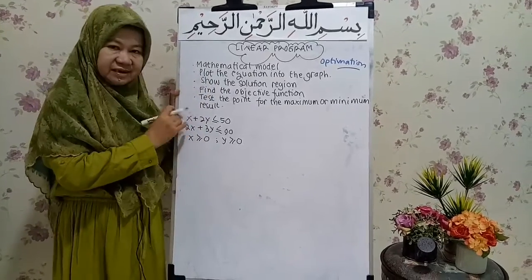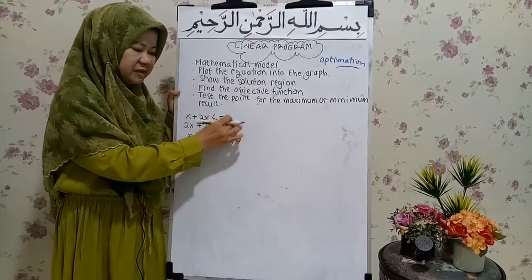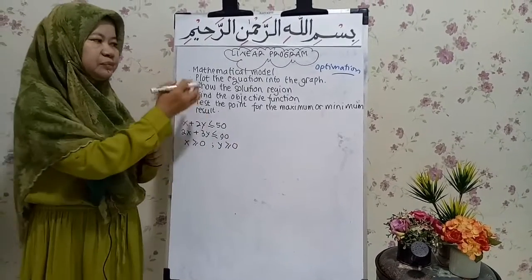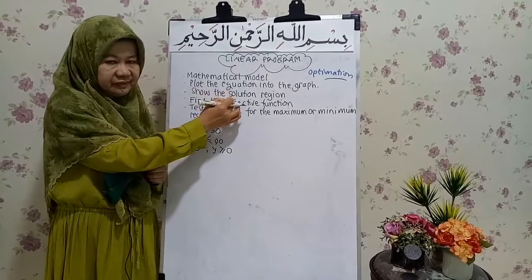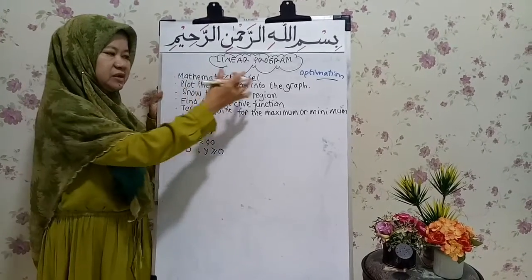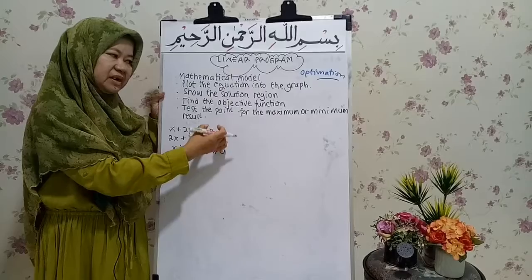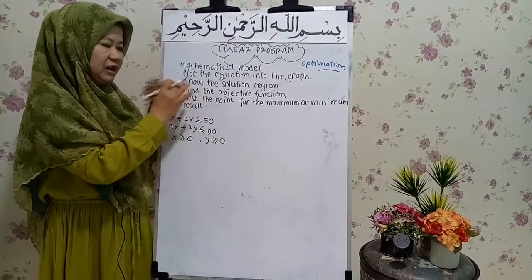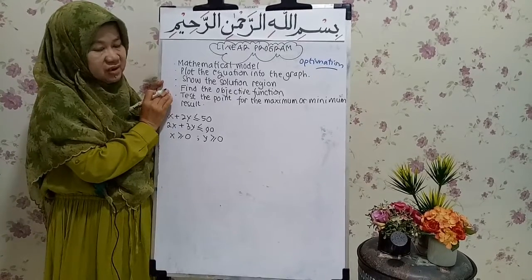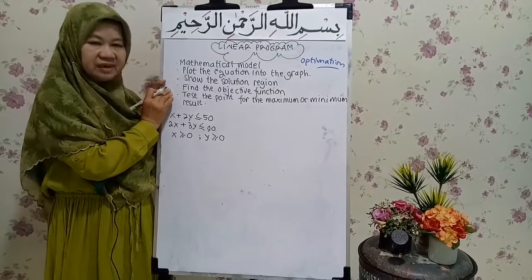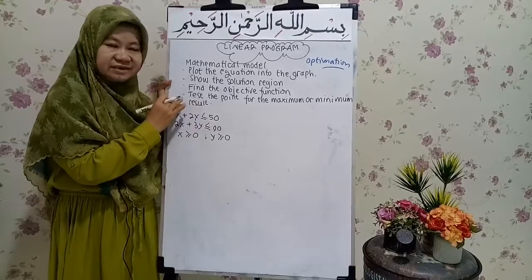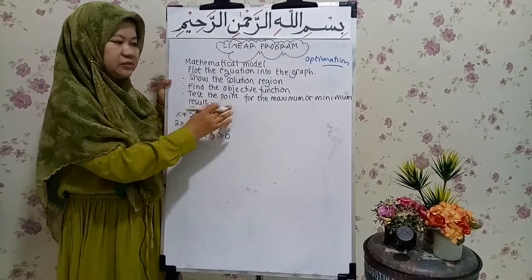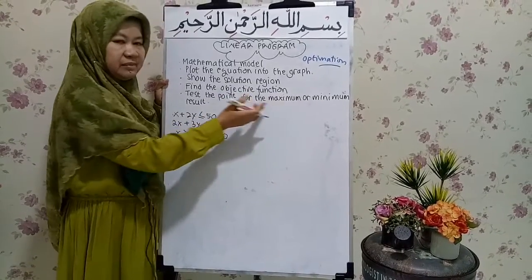Mathematical models look like this. All of this is equations. Then we have to plot the equations into a graph. From the graph, we can get a solution region. Then we find the objective function of that graph. And the last step, we test all the points of that graph for the maximum or minimum result.